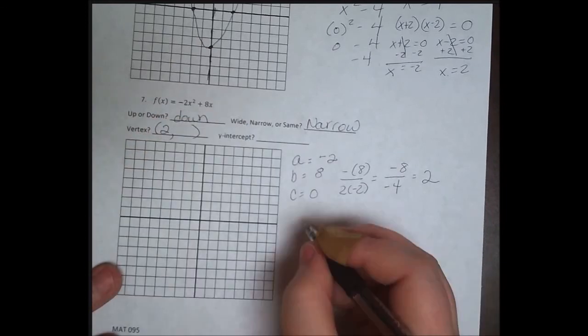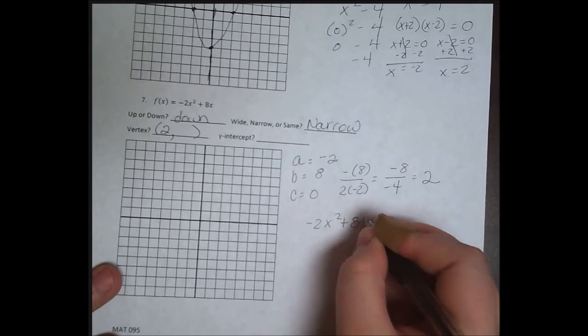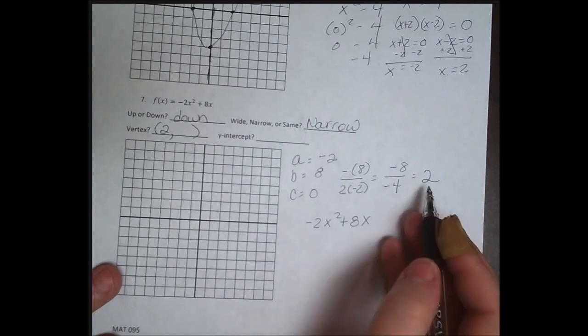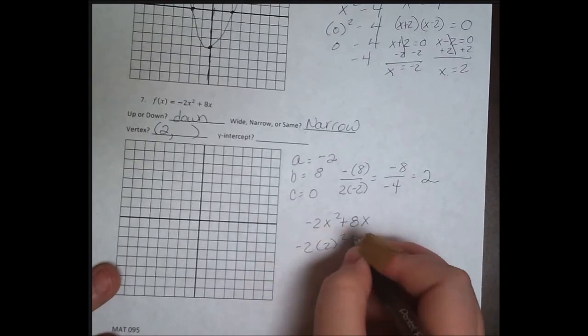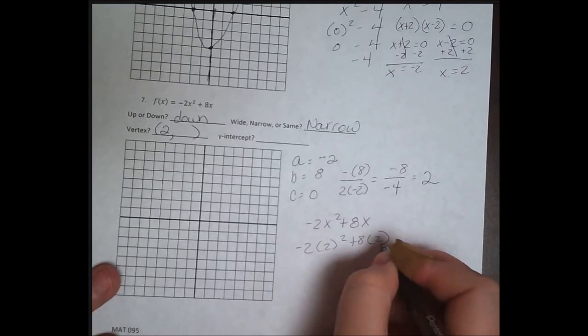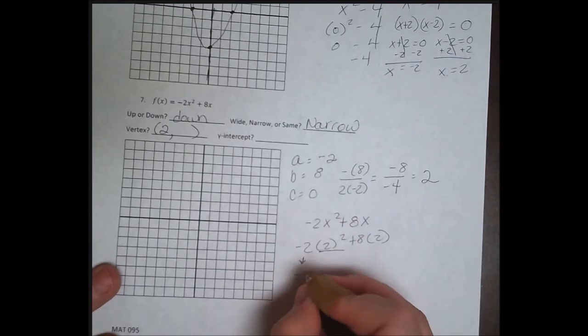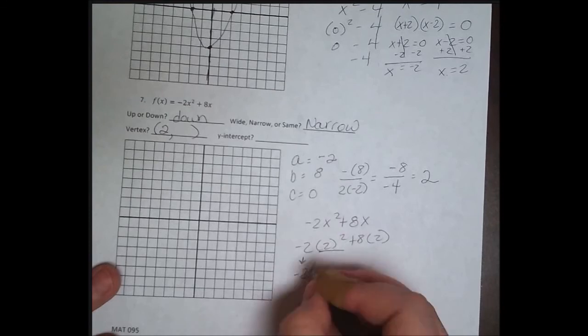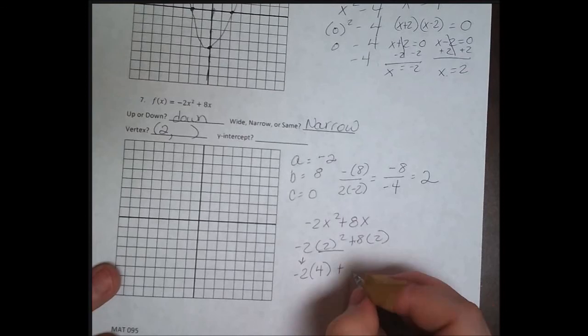And then, to get our y value, we plug that answer of 2 in for our x values and solve. Do your exponents first. So you bring down that negative 2. 2 squared is 4. 8 times 2 is 16.